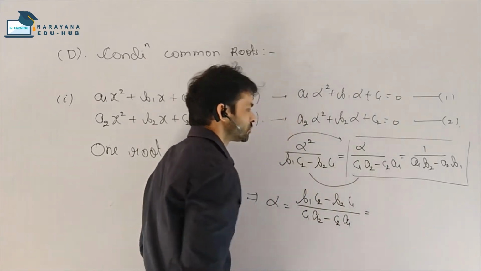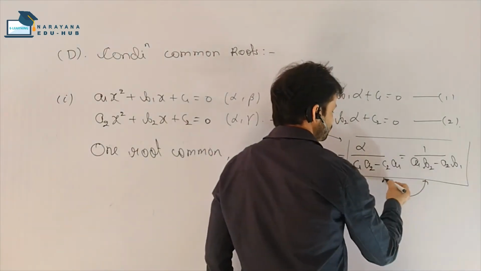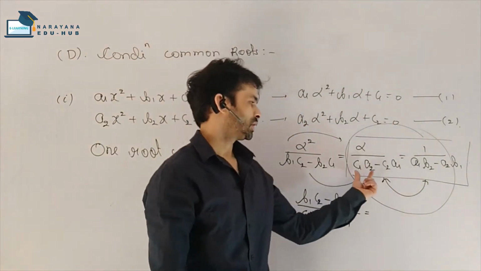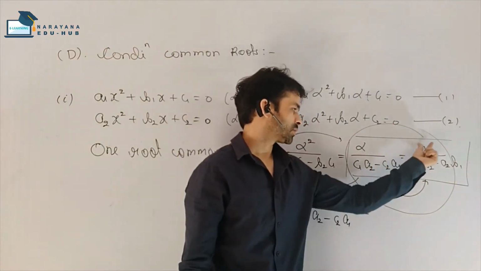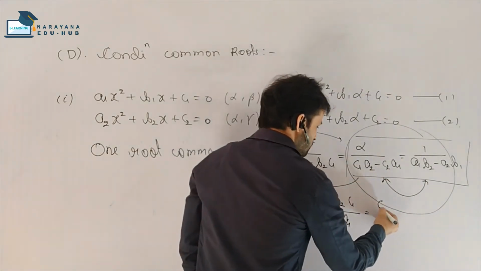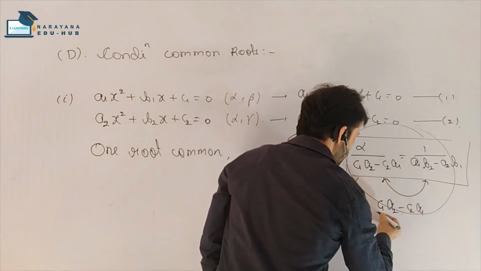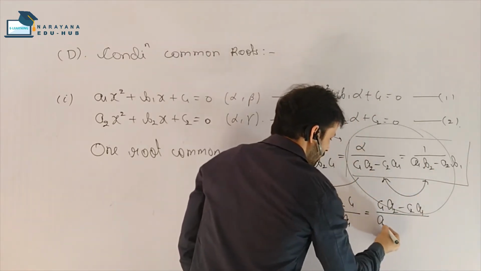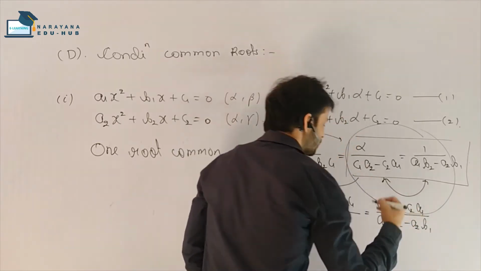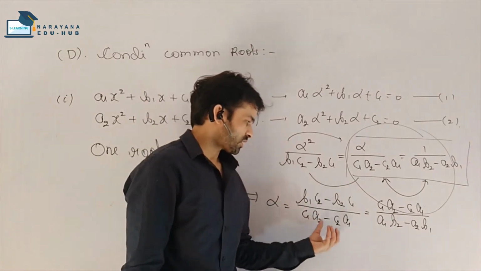And from the other pair, alpha is equal to c1 a2 minus c2 a1 by a1 b2 minus a2 b1. So now these are the two values of alpha.